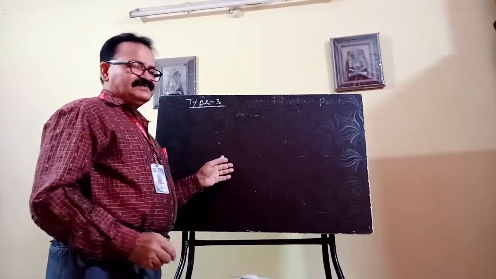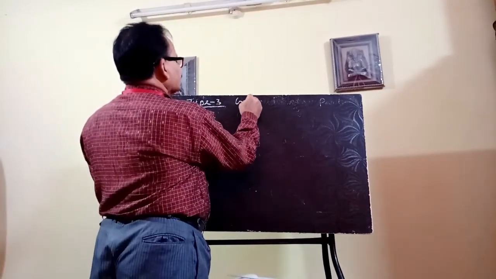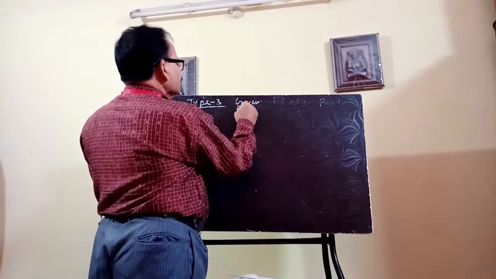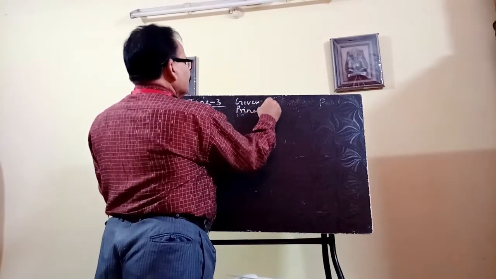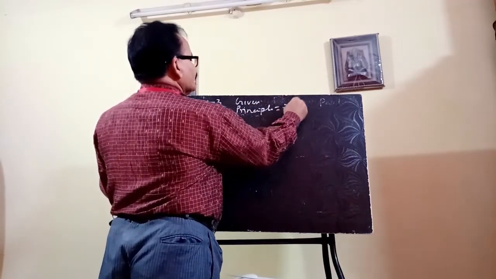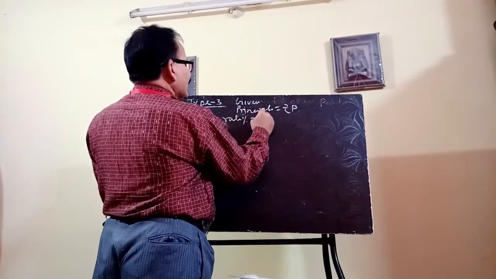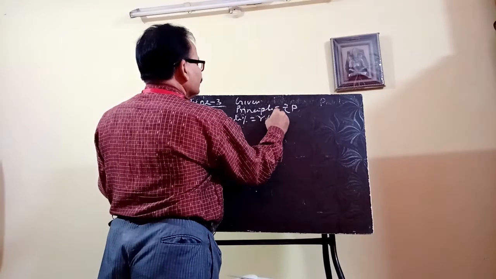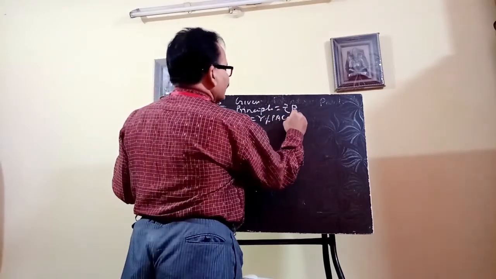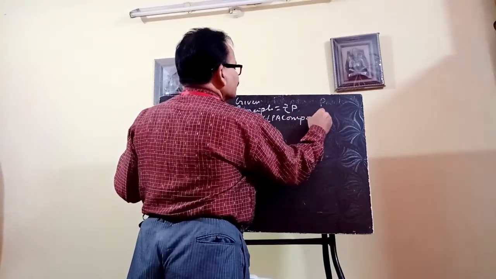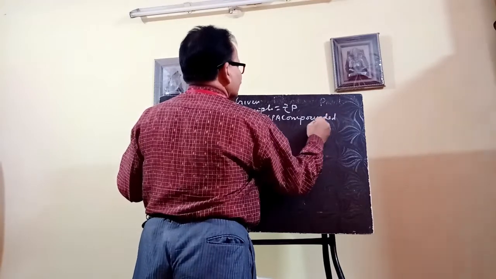In this type, suppose given part is your principal, that is your rupees P, rate percent is your R percent per annum, and compounded quarterly.